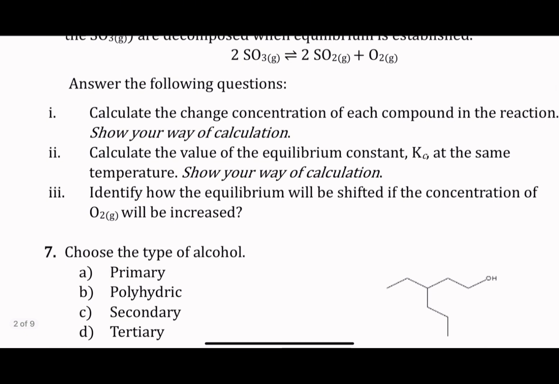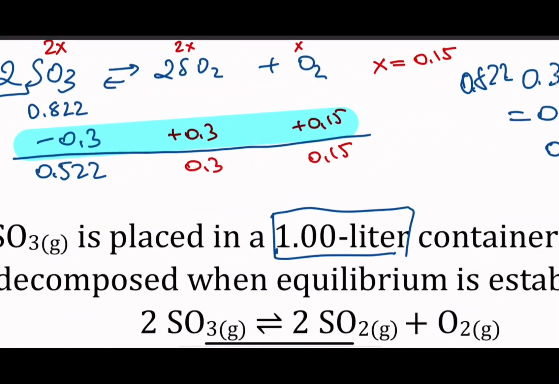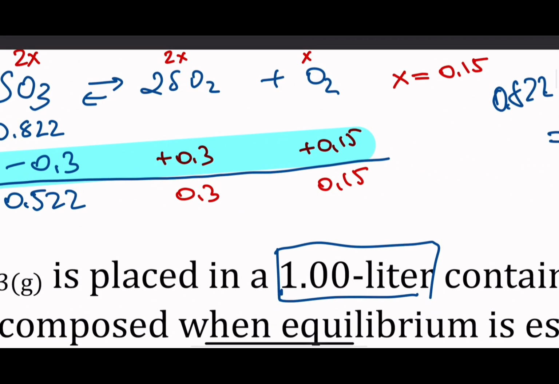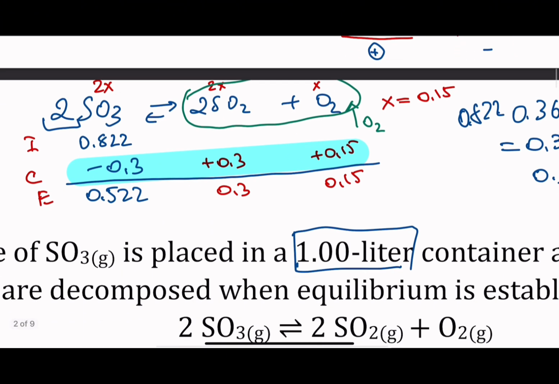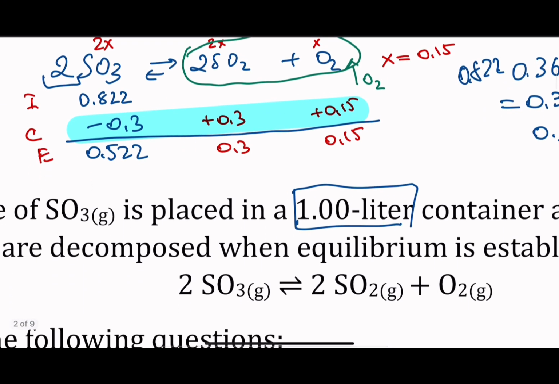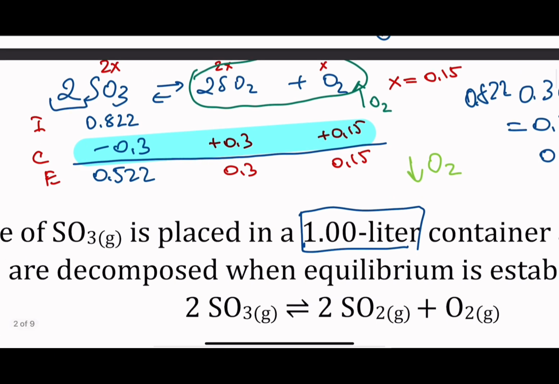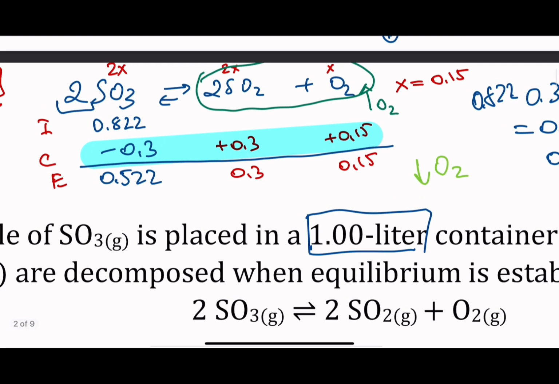Identify how the equilibrium will be shifted if the concentration of O2 will be increased. So that means that if I will add more O2 to the system, as you see, I will have more products, right? Which is disturbing my system. So my system will want to go back and decrease the O2, get it to the normal condition, which means that equilibrium needs to shift towards the left in order to use the oxygen, right?